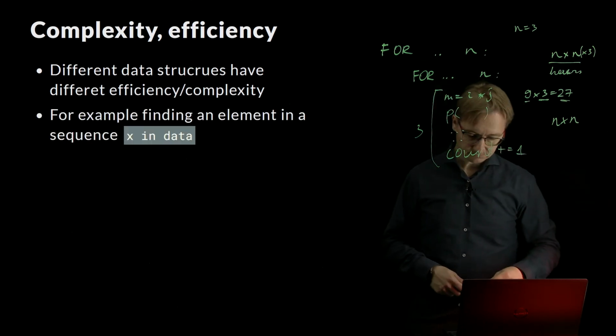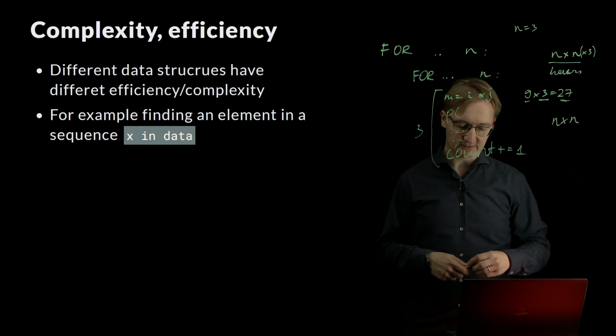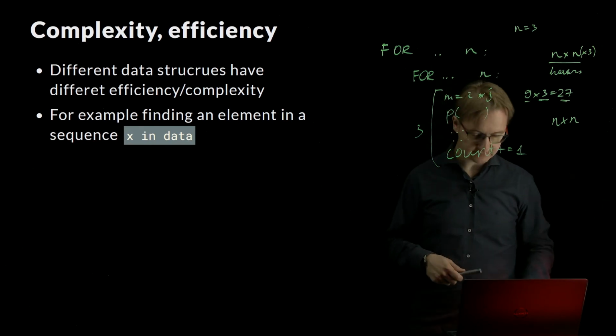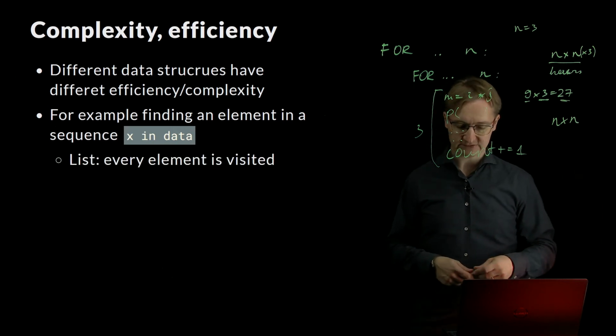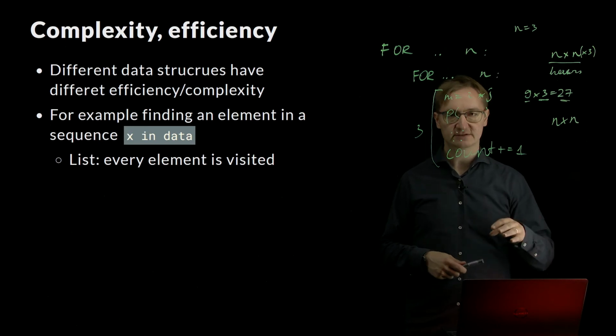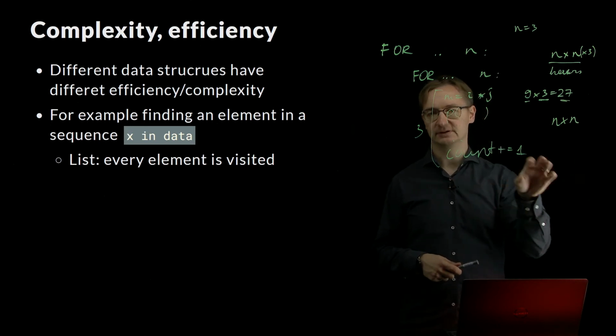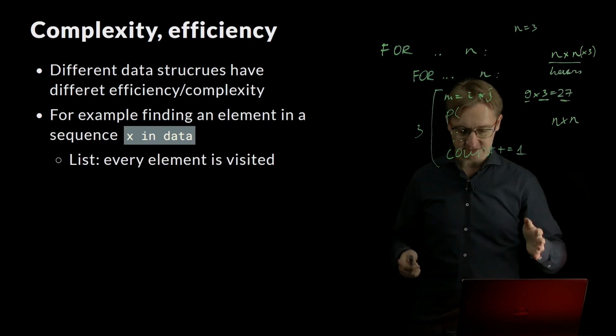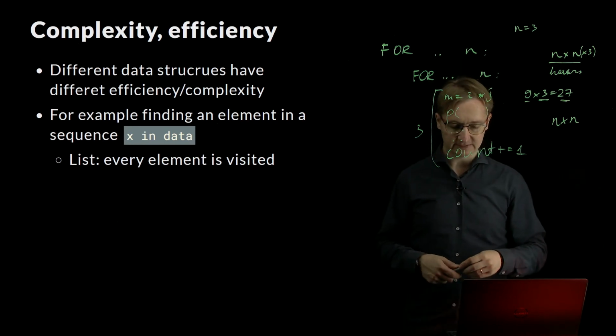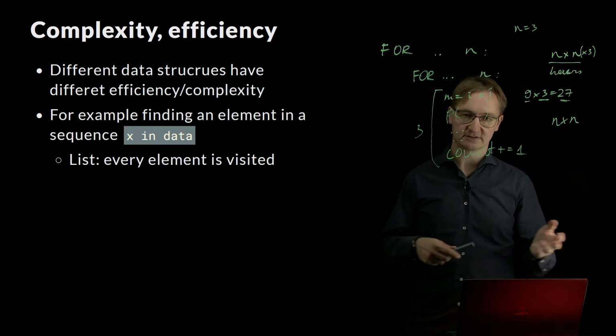And for example, if you want to find an element in a sequence, for example, in a list or string or set, then we have to see how it works. So, for example, for a list, every element has to be considered. So we visit every element. So for example, I have 200 elements in data, and I check whether 3 is inside my data.